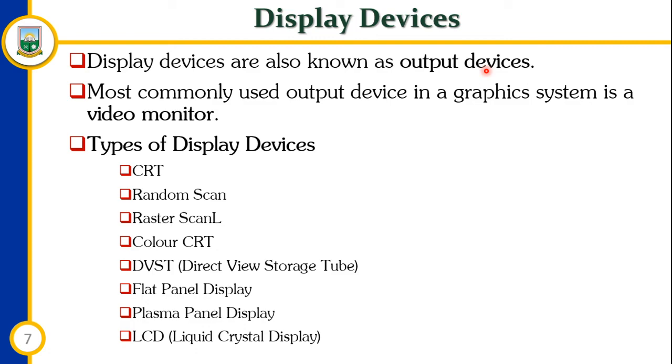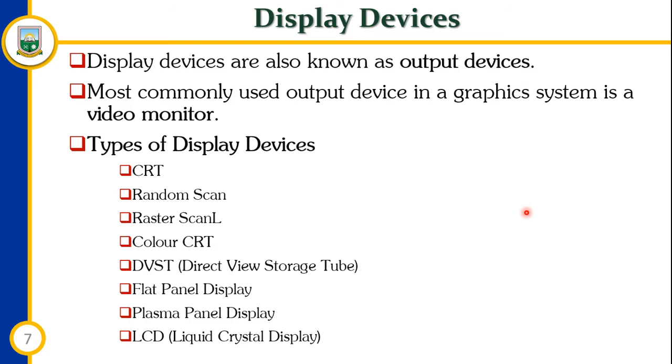From the conceptual framework, using the graphics library, we eventually have to find a way to display the images that we create in a 3D world on the monitor or the screen. The most popular or commonly used output device in the graphics system is the video monitor, which we term the normal computer monitor or display monitor. Now there are some types of display devices that are available.